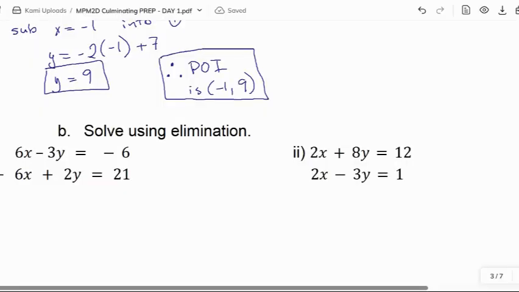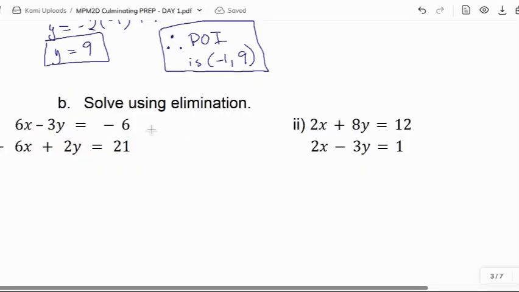Elimination is just another way, another tool for solving a linear system. Now, when I say a system, that means we've got more than one equation. A linear system could have 3 equations, right? But we're just working with 2. Okay, now I've got elimination. What am I eliminating?